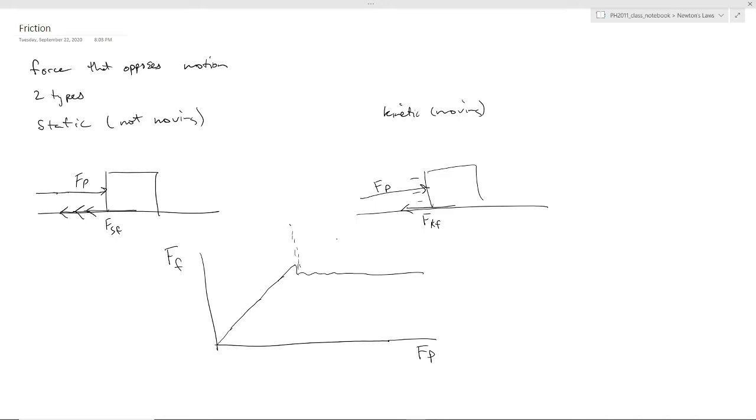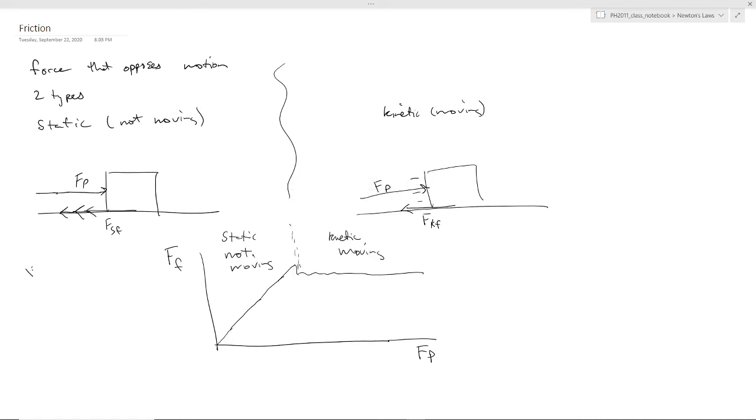So you can think of this as being sort of the kinetic, moving, and then this over here is static, not moving. And what you can take away from this is that basically the static friction is going to be as big as it needs to be to keep the thing from moving.